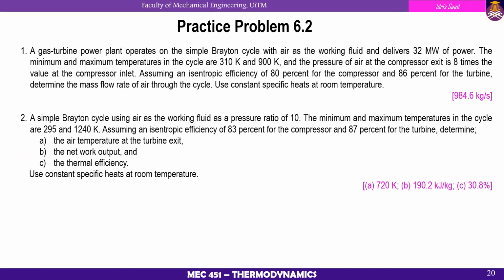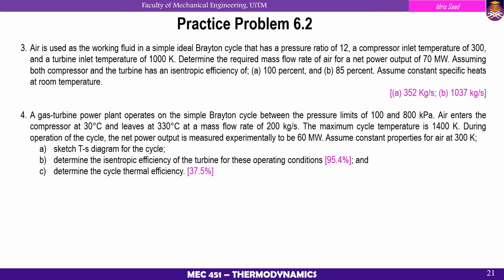This is practice problem 6.2. There are two questions here related to the Brayton cycle, the deviation of actual gas turbine cycle from the idealized one for the gas turbine engine. Please complete this practice problem. This is another practice problem 6.2.